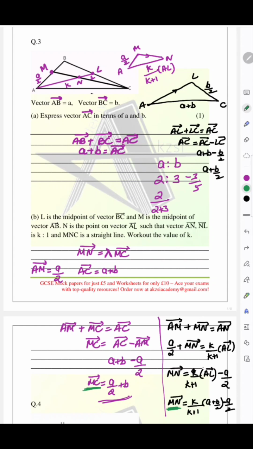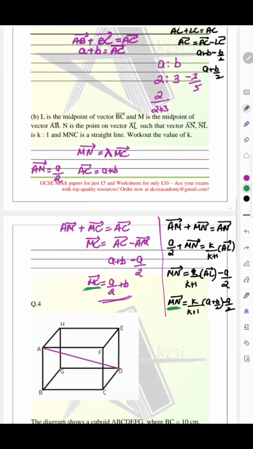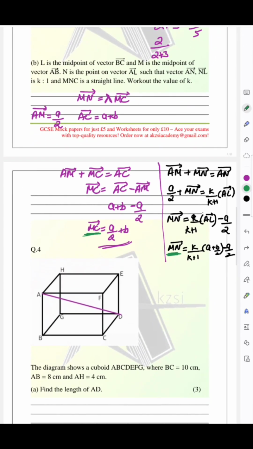I'm running out of space, so I'm just writing it here. Substituting these values in place of MN, k over k plus 1 times a plus b by 2 minus a by 2 equals lambda times MC, which is a by 2 plus b.